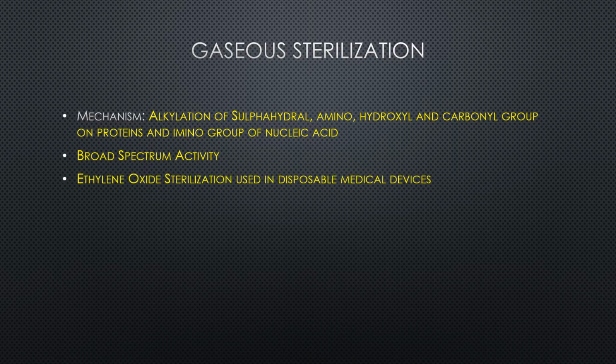Ethylene oxide sterilization is used in the commercial production of disposable medical devices. But the drawback is that it does not offer the same degree of sterility assurance as heat methods. That means whatever sterility level is attained by the heat method is not attained by gaseous sterilization, but where it is necessary, gaseous sterilization is preferred.